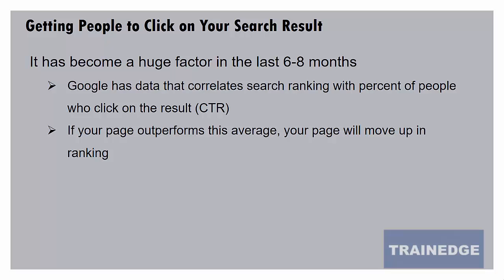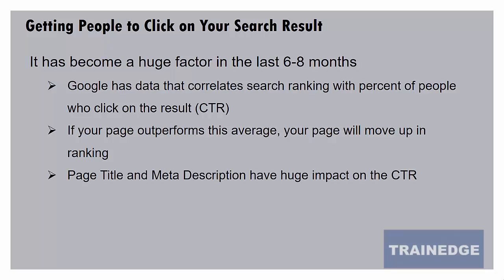Now, Google looks at that as a signal that your page is important, more relevant because it's getting more clicks. And then your page might move up from 7 to 6. If it continues to outperform at 6, it might move to 5 and 4 and so on and so forth. Page title and page meta description are the two things that have the biggest impact on the click-through rate. So a well-written page title and well-written meta description can improve your search rankings.